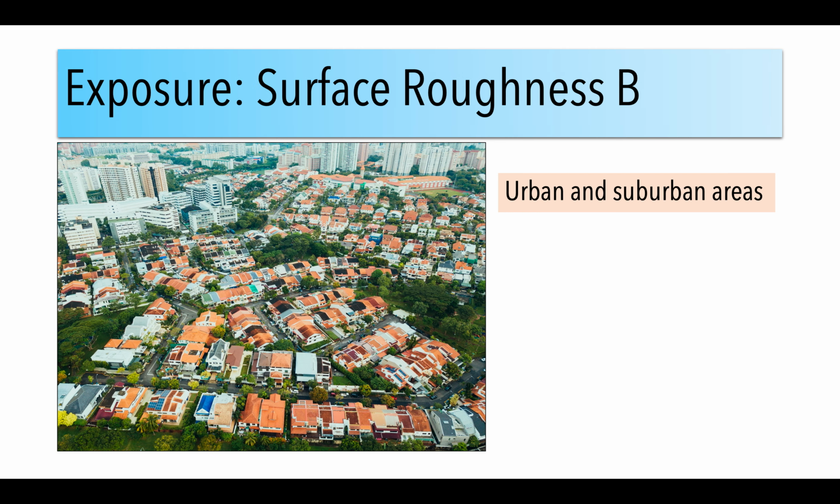So exposure. We have surface roughness B. This is one particular exposure, and if you're in an urban or suburban area, according to ASCE 7, you are in surface roughness B. So you can see the picture on your screen, for example.